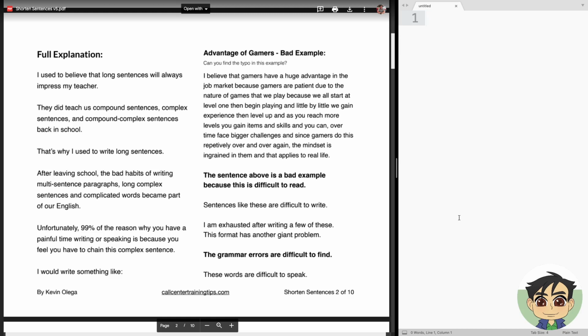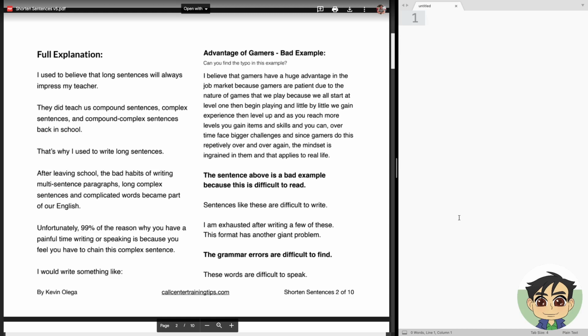And that's why I recommend that you stop doing that. Instead of writing long paragraphs, write one sentence paragraphs. Instead of writing long complex sentences, write simple sentences with one idea, short sentences.